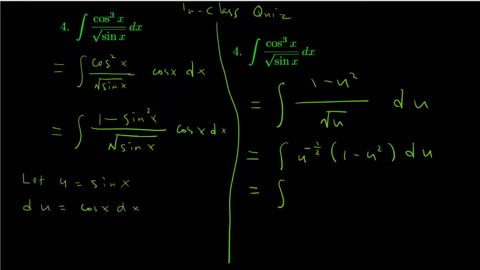That factor times u to the power of 1/2 times 1 is equal to u to the power of negative 1/2. How do you multiply u to the power of negative 1/2 and then times u squared? It equals u to the power of something.